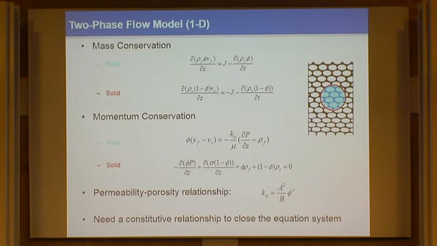So take a one-dimensional example. This is a representative volume, and you conserve the liquid mass and the solid mass in one dimension. Rho is density, phi is porosity, the liquid phase fraction, and Vf and Vs are the fluid and solid velocities respectively. Then you conserve the momentum.